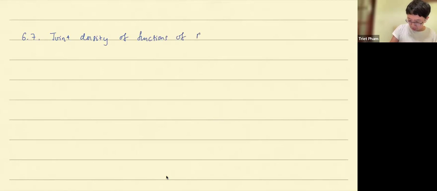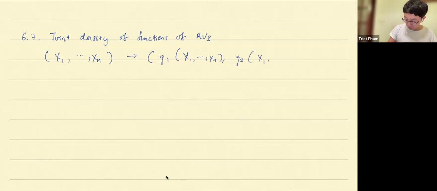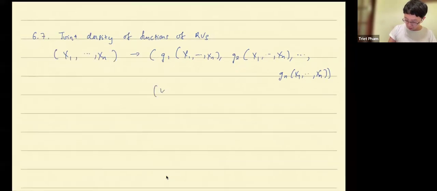of random variables, right? So the point is that if you have a vector and you map it to another vector, and you can call this whatever you want, y1 to yn.